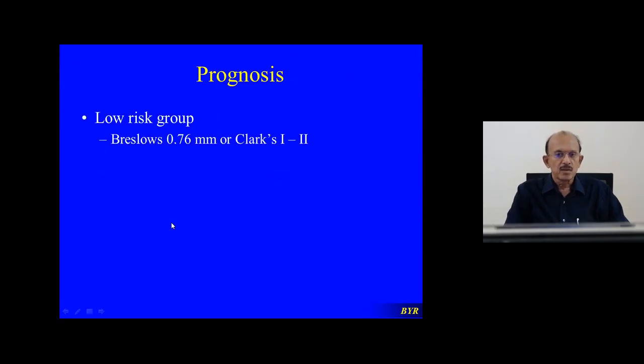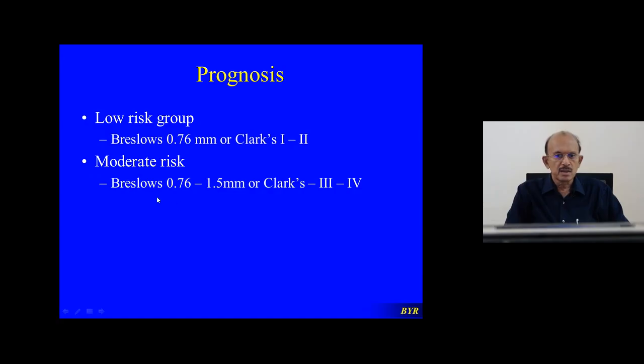Prognosis, low risk group. So for prognosis, the melanoma patients are divided into low risk and high risk groups. Low risk group means Breslow's thickness is 0.76 millimeters or less, or Clark's levels 1 and 2.